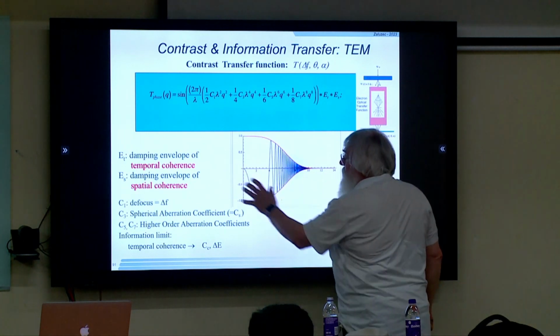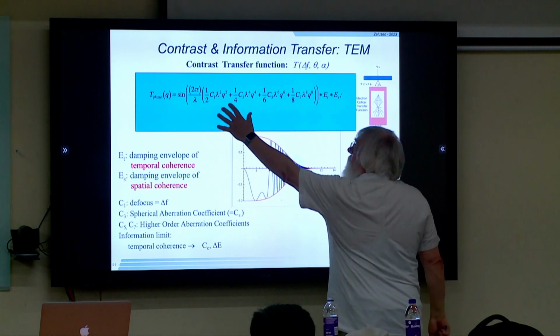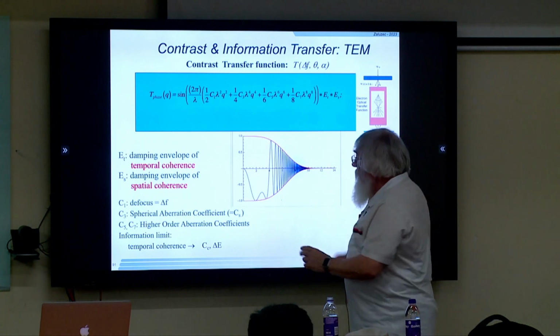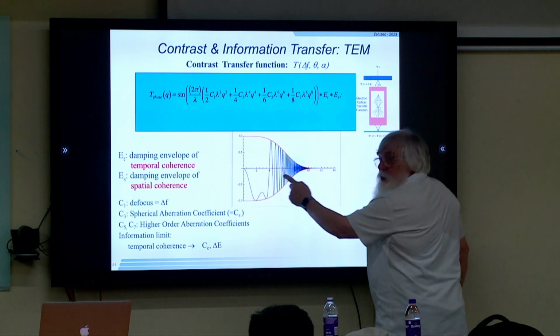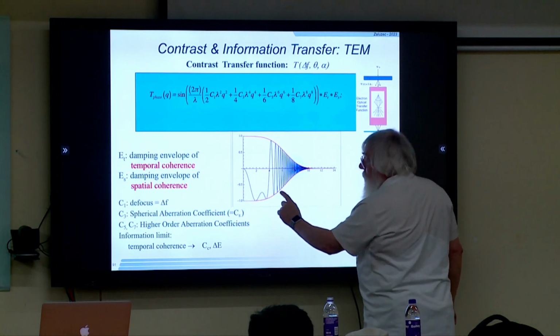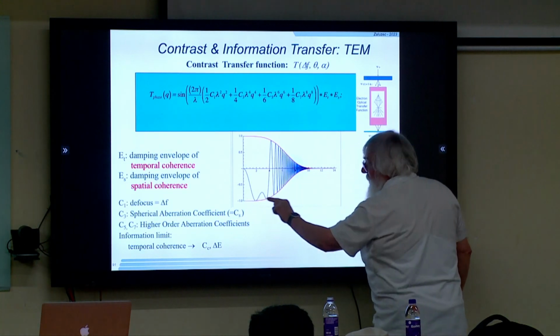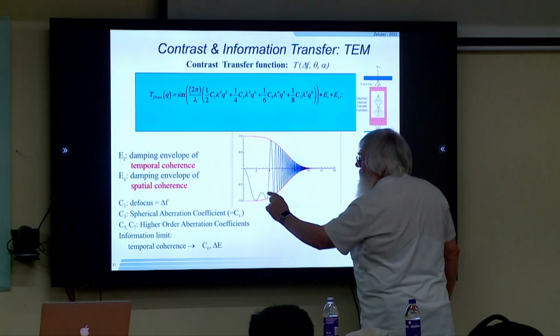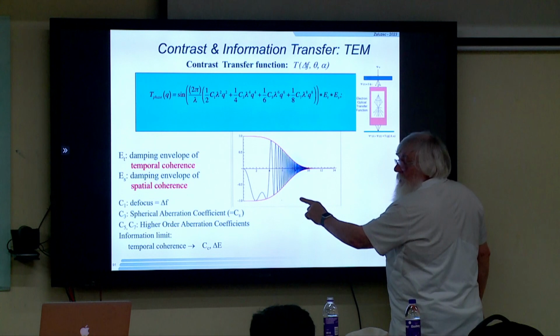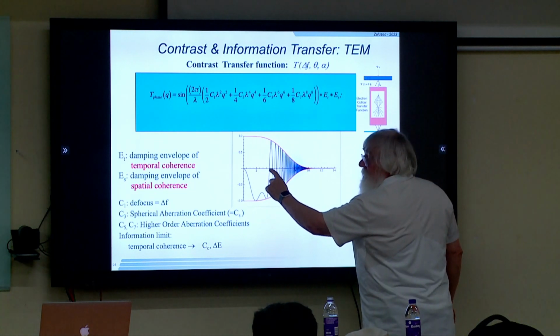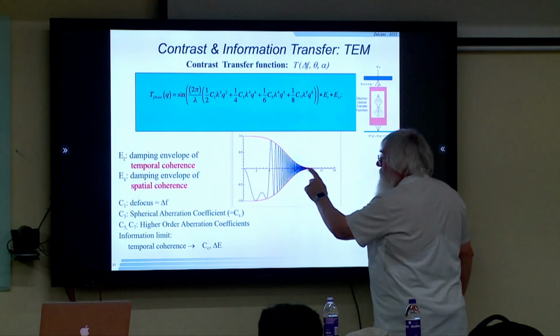So this is a contrast transfer function plotted for one set of coefficients. If I want to make this better, I want to expand this so I can get higher resolution, what do I want? I'd like to have something that's flat, and I'd like to have something that's flat to infinity. That'll never happen. But I want it as flat as far as possible, and I want that first 0, the first crossing, to be here.